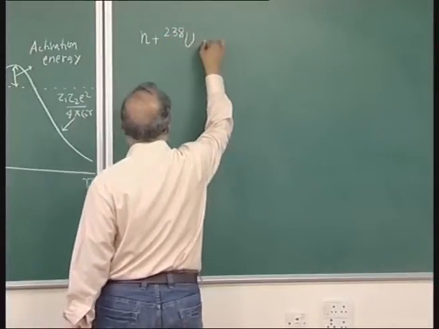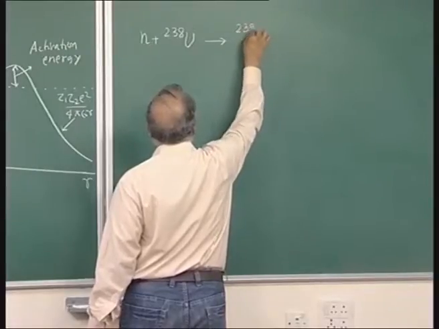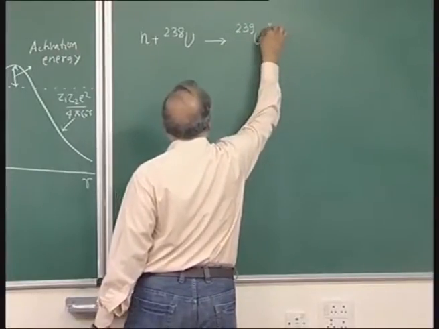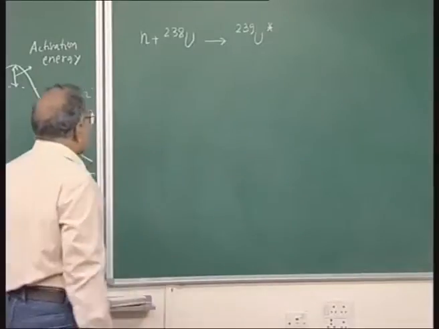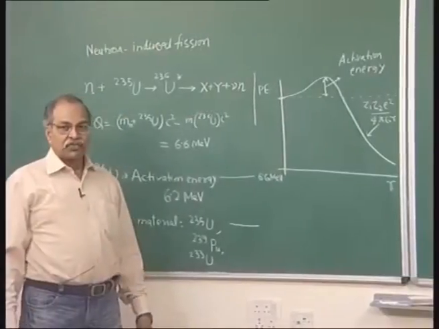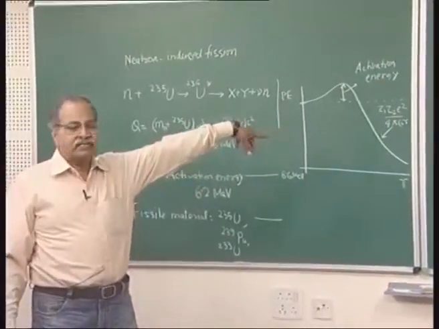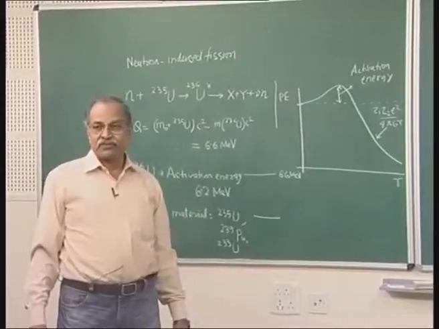If this gets absorbed here, it will make uranium 239 in excited state. What is the excitation energy?